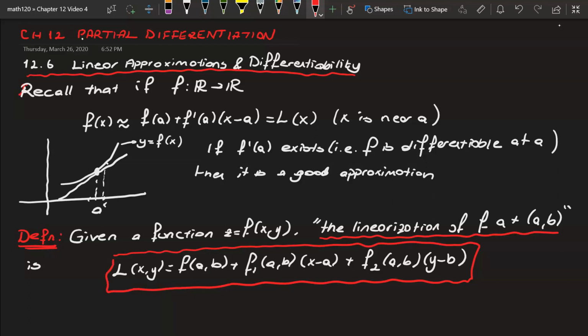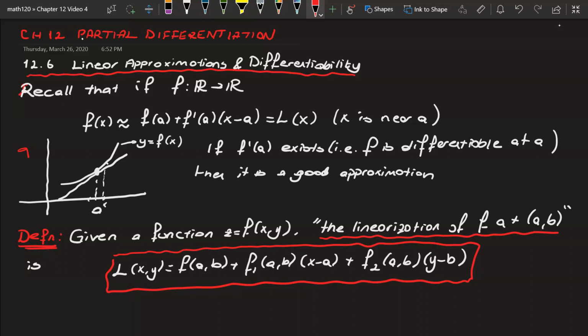Now let me explain why we call it linearization. If you go back and look at the function of a single variable, if the function is differentiable, then the tangent line equation will be a good approximation for the value of the function. If the function has a tangent plane, last time we have seen that the tangent plane equation is L of x, y is f of a, b plus f sub 1 (a, b) times x minus a plus f sub 2 (a, b) times y minus b.